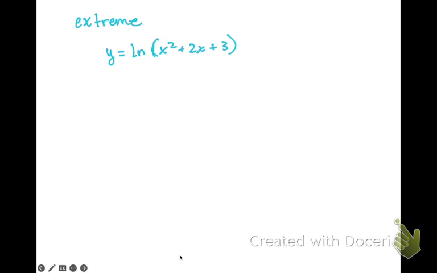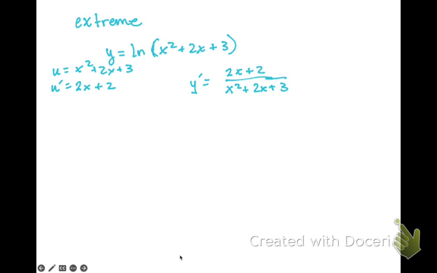Find the derivative. So u equals x squared plus 2x plus 3. Hopefully after today you won't have to write all those out. And u prime equals 2x plus 2. So y prime equals 2x plus 2 over x squared plus 2x plus 3.